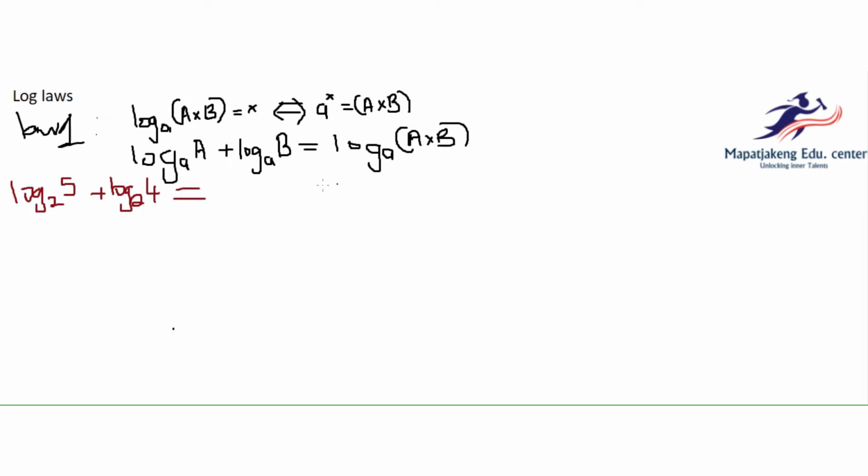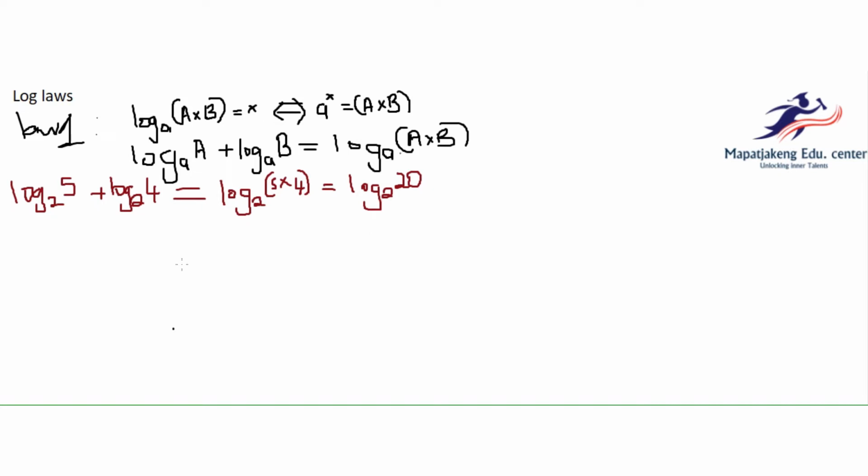The whole statement is written by this statement on the left in the law, which can further be simplified to log base 2 of 5 times 4, just because the bases are the same, 2 and 2. That is the same as saying log base 2 of 20. That's all the first law says.